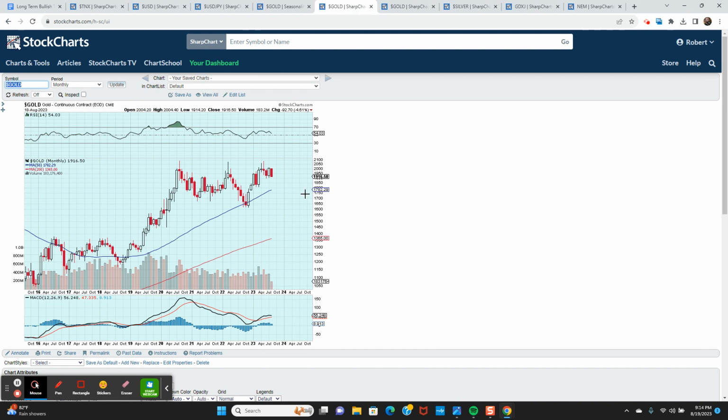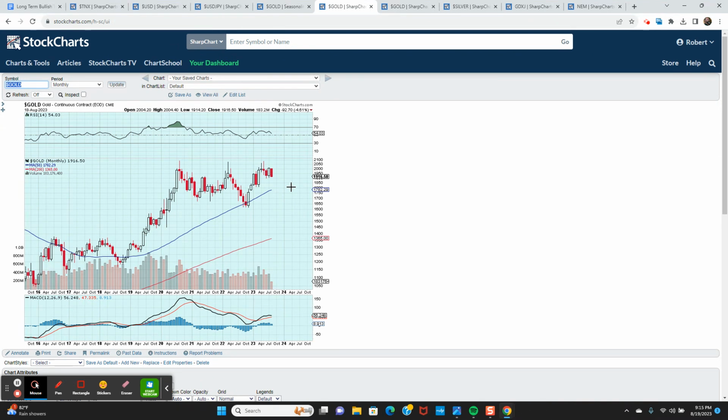So unless something changes big here in the next, I don't know, 10 trading sessions, 9 trading sessions here in August, this is not looking like the kind of confirmation that would be characteristic of a triple top pattern being confirmed, right? But there's still time here left in August.